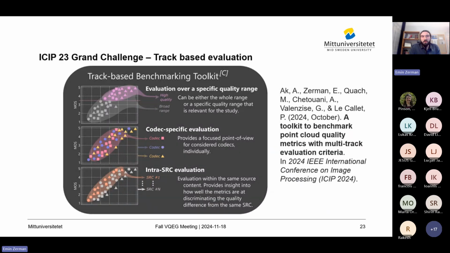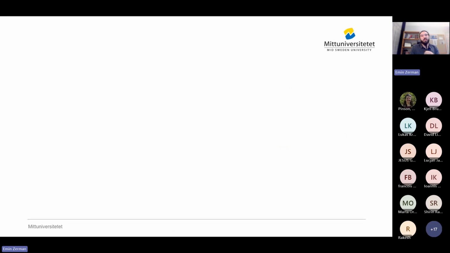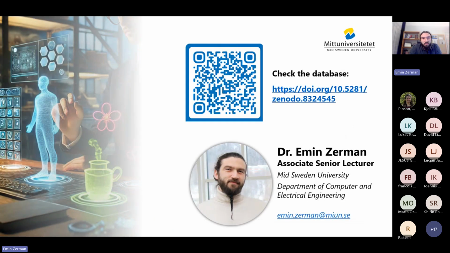We also came up with a track-based evaluation method, which is also published at ICIP this year, ICIP 2024, and the toolkit was also published on GitHub. While Shell was talking, I also took note that maybe we should push this to the list of toolkits, so that more people can use it.